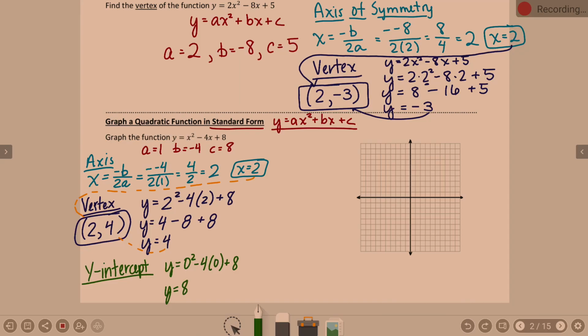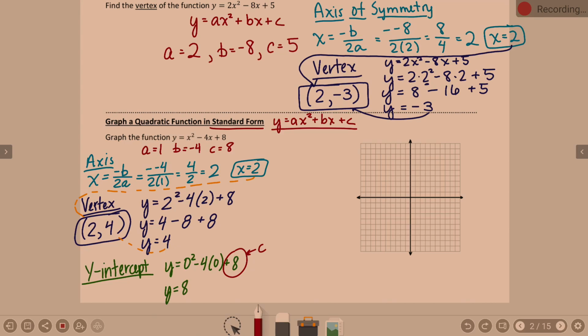Okay. Now, the shortcut on this, folks, 8, if you notice, is your C value. Yes? It's a number that, in this problem, does not have an x attached to it.